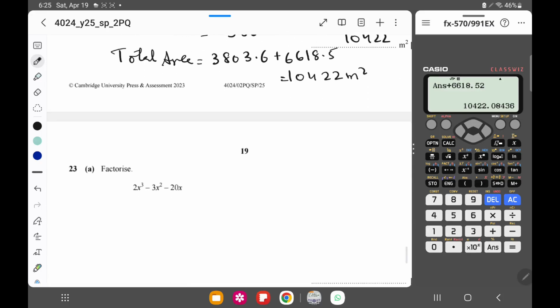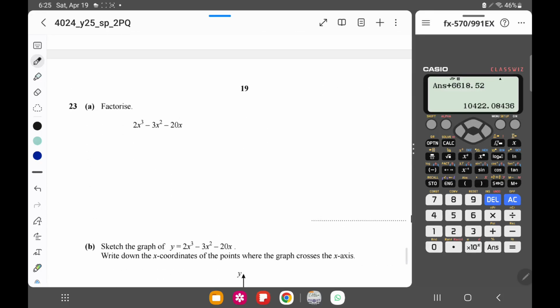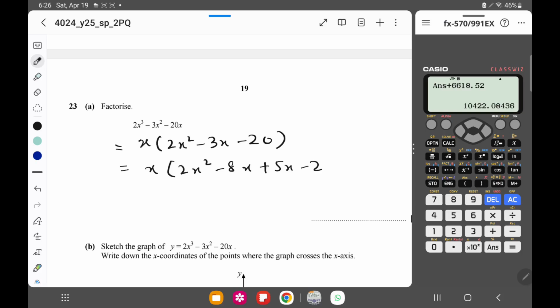All right, now come to the next part, question number 23, factorize. We'll have x common, 2x square minus 3x minus 20. 20 times 2 is 40, and 5 times 8 is 40, with a difference of 3. So x, 2x square minus 8x plus 5x minus 20.